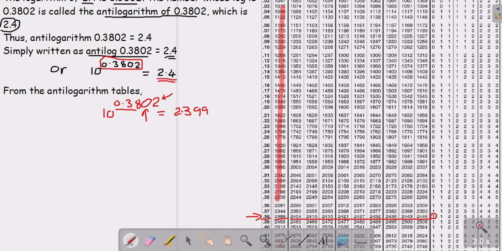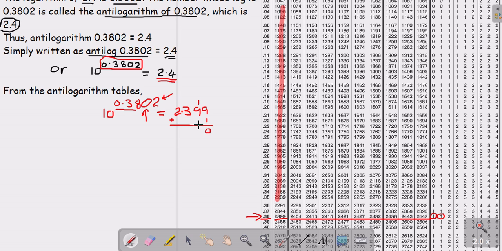On the second column it is 1. So we pick that one and add it on the last digit here, which is 9. 9 plus 1 we get 10, we write 0 and carry 1.